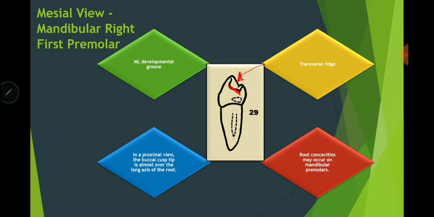So the mandibular first premolar has a transverse ridge, and you do have root concavities which may occur on the mandibular premolars. So the mesial surface of the root of the mandibular premolar has a root concavity.